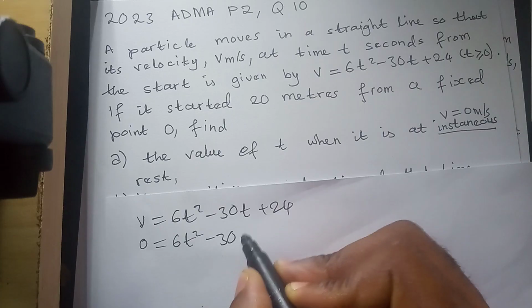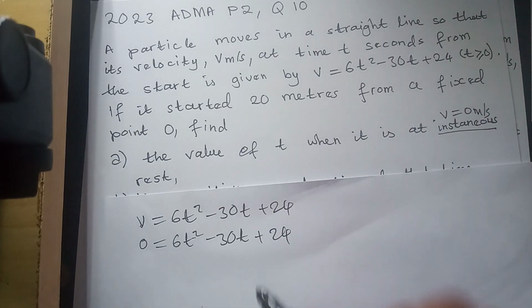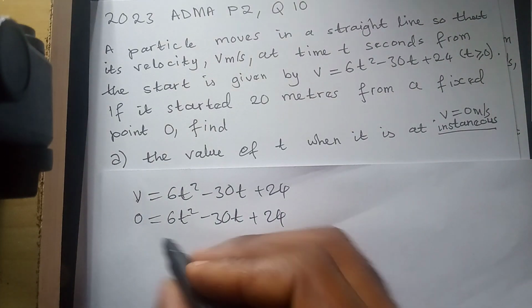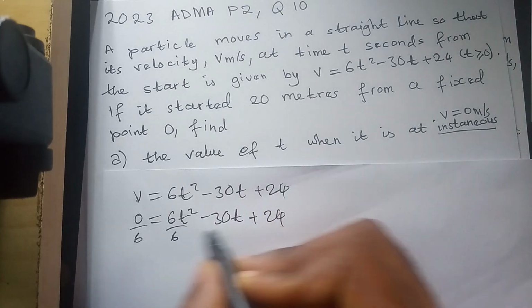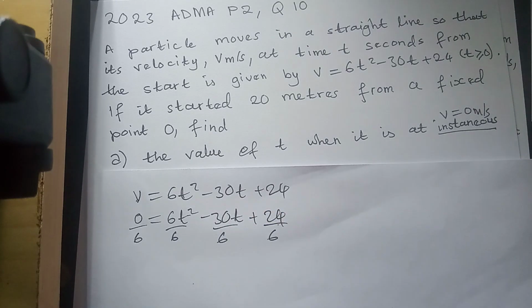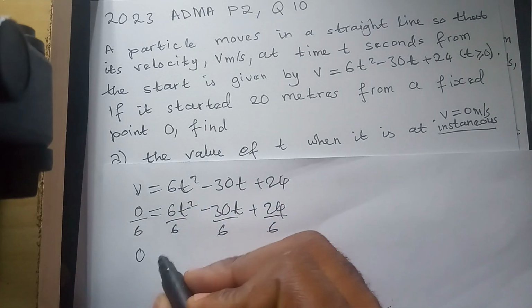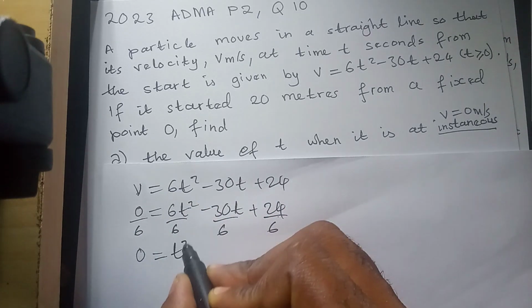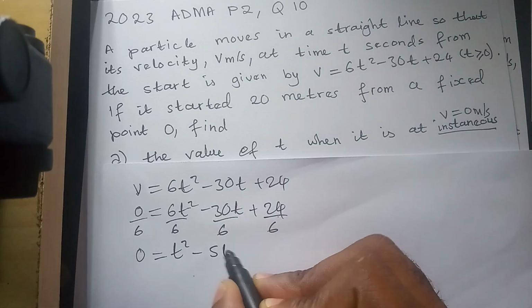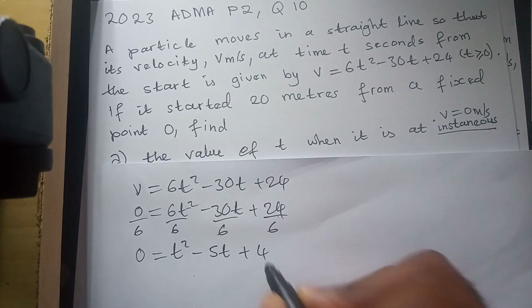As you can see, these numbers are all multiples of 6. I don't like dealing with very big numbers when I can work with smaller numbers, so I'll divide through by 6. This will give us t² − 5t + 4.